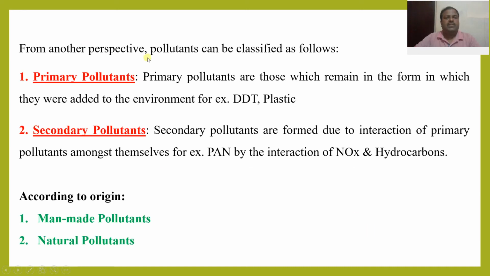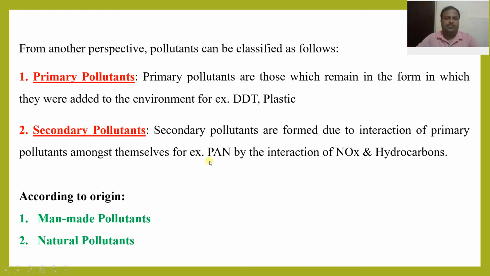From another perspective, pollutants can be classified as primary pollutants and secondary pollutants. Primary pollutants are those which remain in the form in which they were added to the environment, for example DDT, plastic, etc.